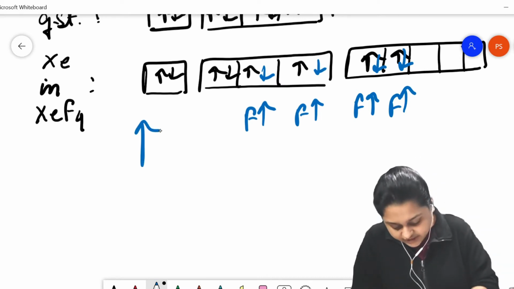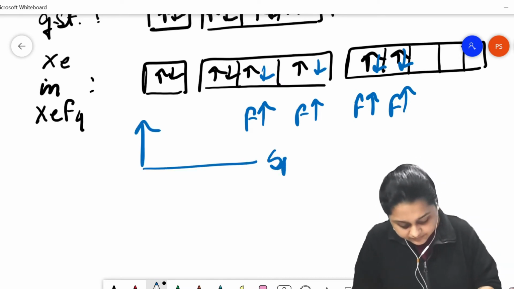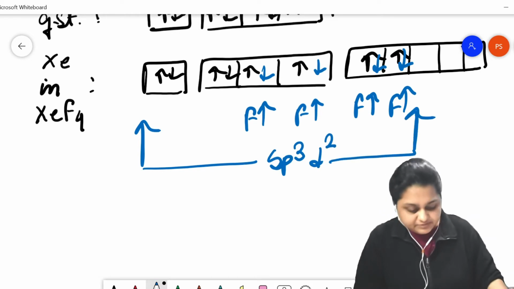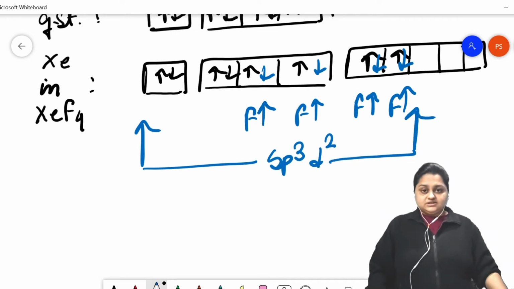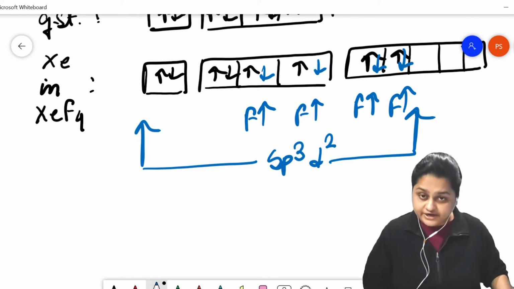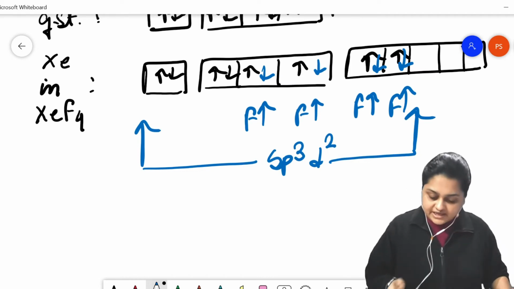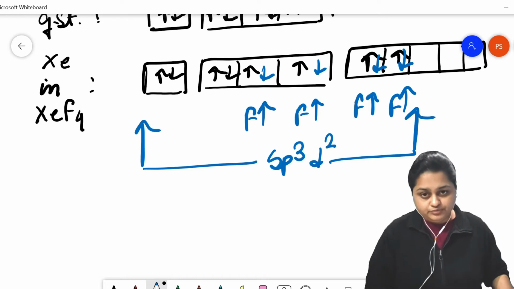So the hybridization becomes sp3d2. Now the shape of an sp3d2 hybridized molecule is usually octahedral, but in this case xenon contains 2 lone pairs of electrons.